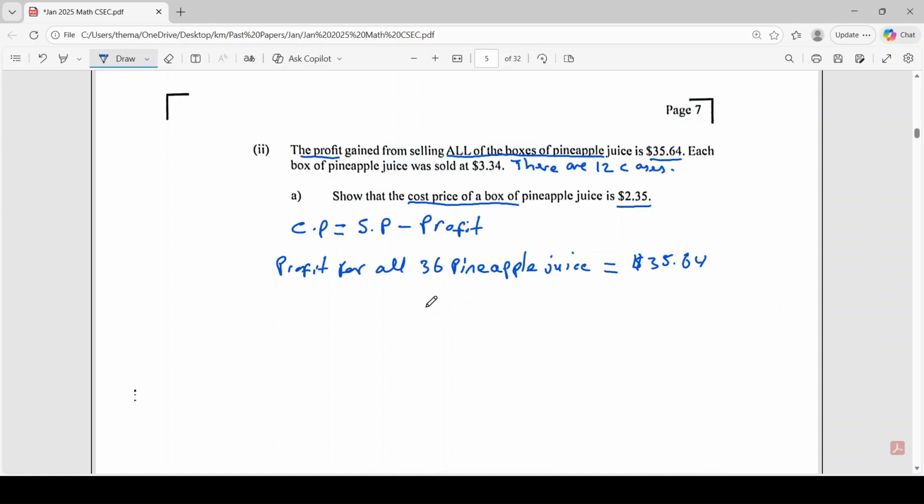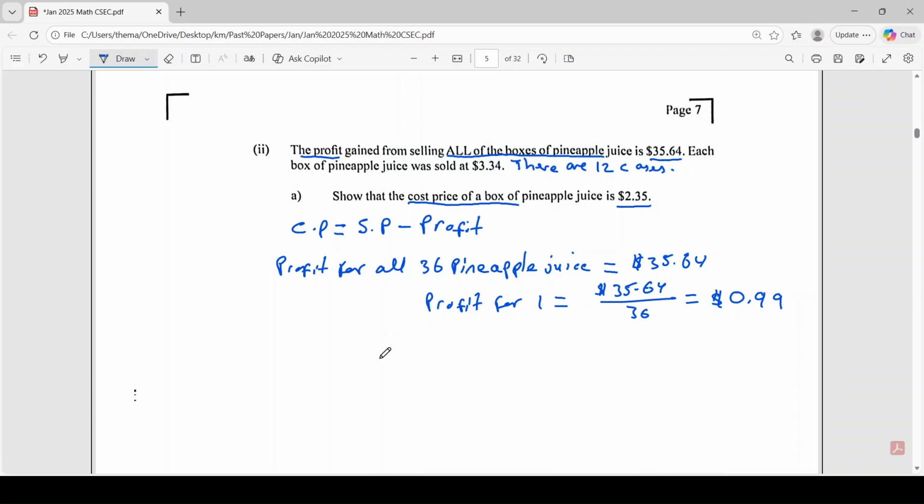Therefore, the profit for 1 will be $35.64 over 36. And that gives me 99 cents. So the profit for 1 is 99 cents.